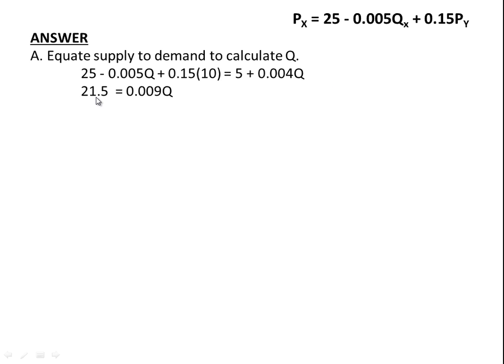So what you'd find out is that 21.5, when you rearrange this, is equal to 0.009 Q, and clearly Q is then equal to 2,388.9 units per week.